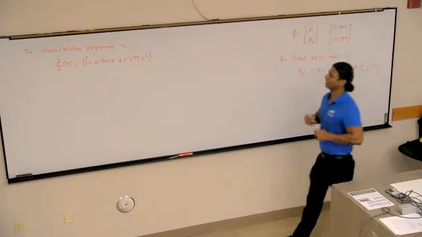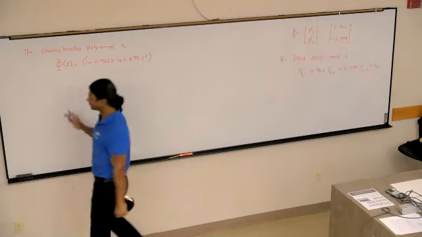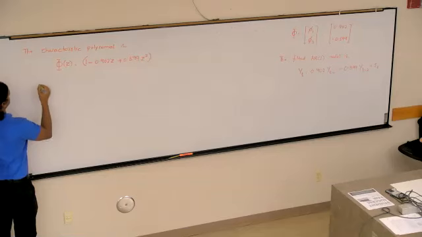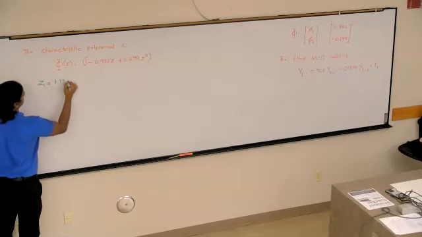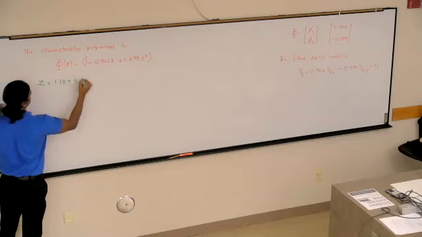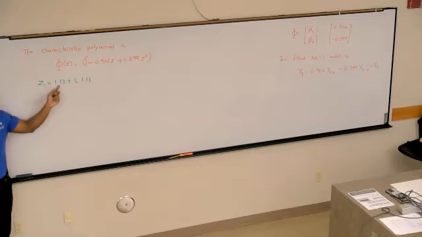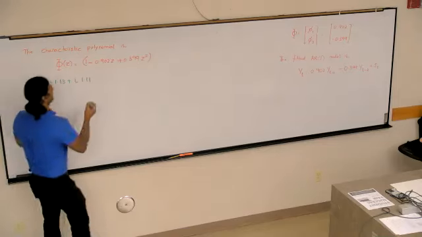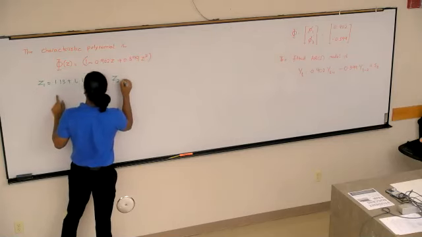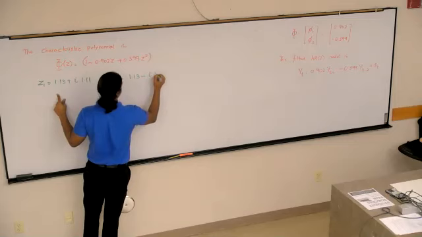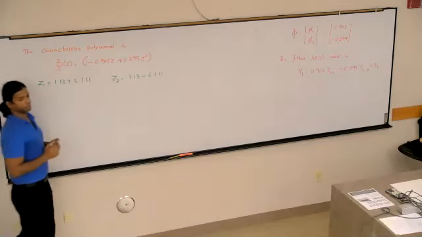Okay, so if you use the quadratic formula, we will find the roots. What are the roots? z1 is 1.13 plus I multiplied by 1.11. z2 is the same thing, but 1.13 minus I multiplied by 1.11.